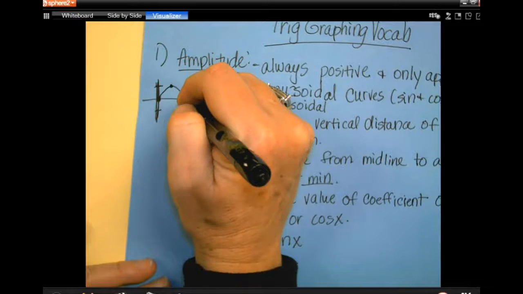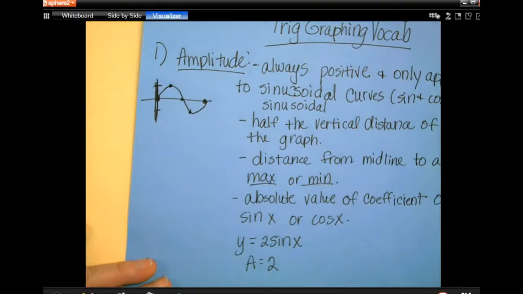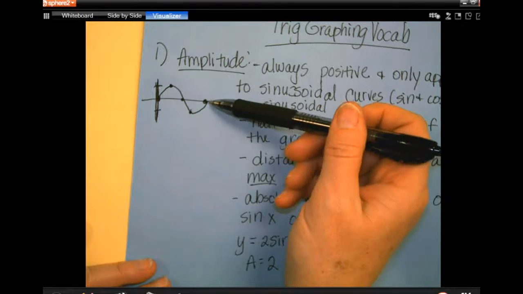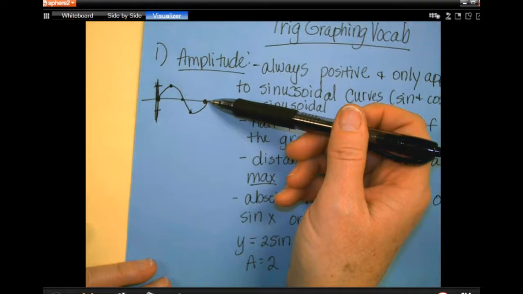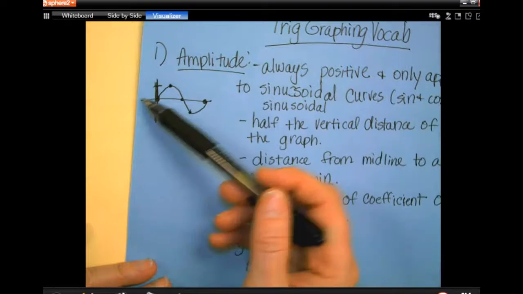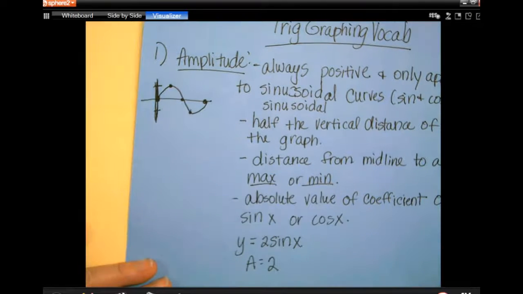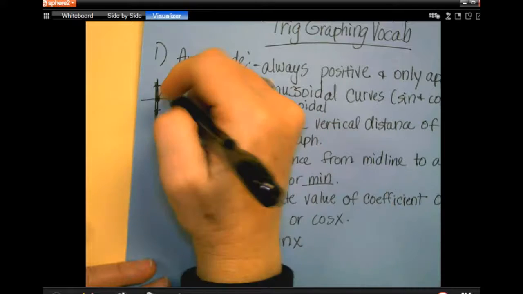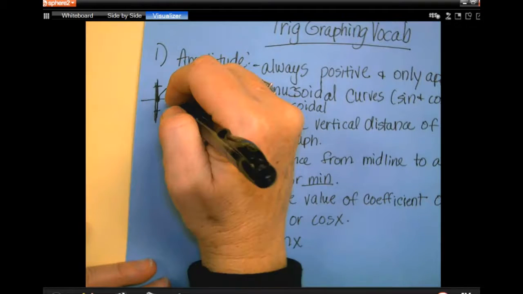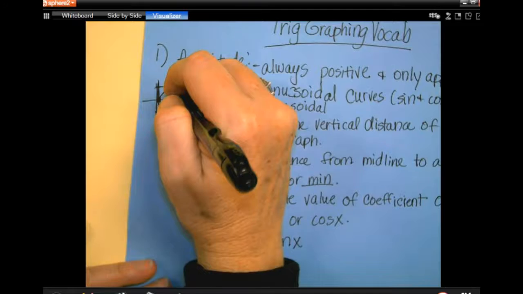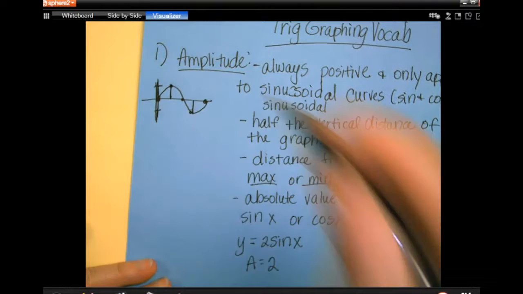So my curve looks like this. In this instance, because it starts at 0, my midline is the axis. And by midline, I mean the point where the 0 lies, okay? And so the amplitude is from the midline to a maximum or the midline to the minimum.